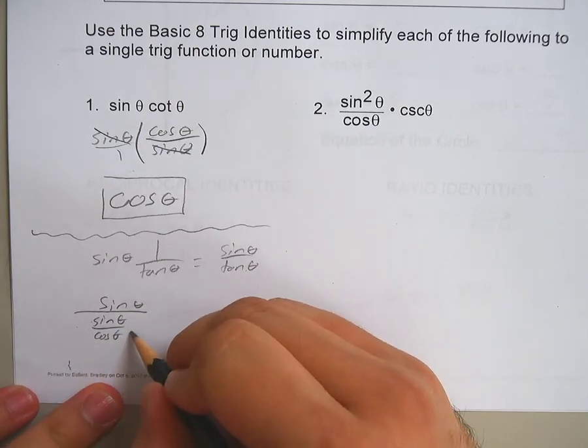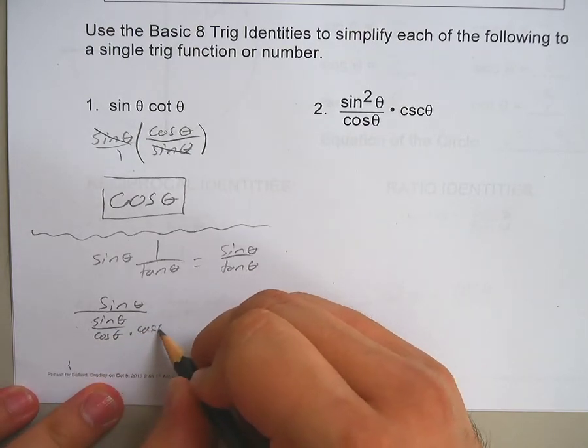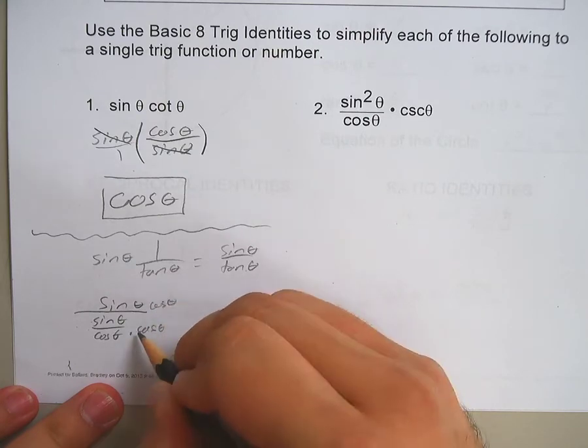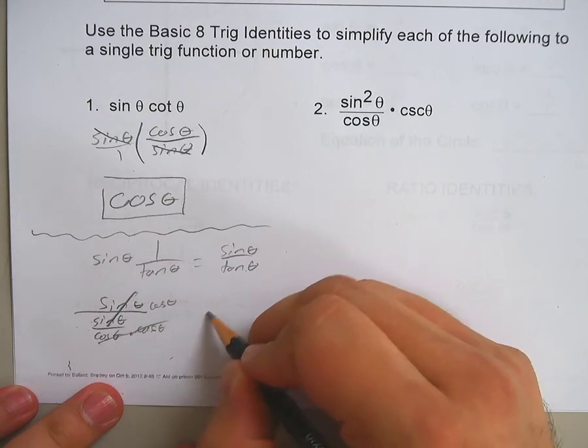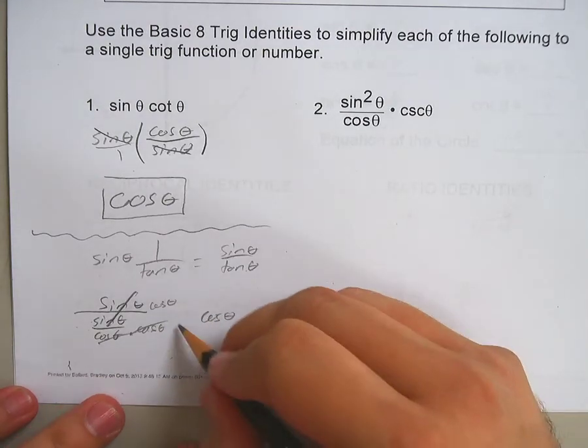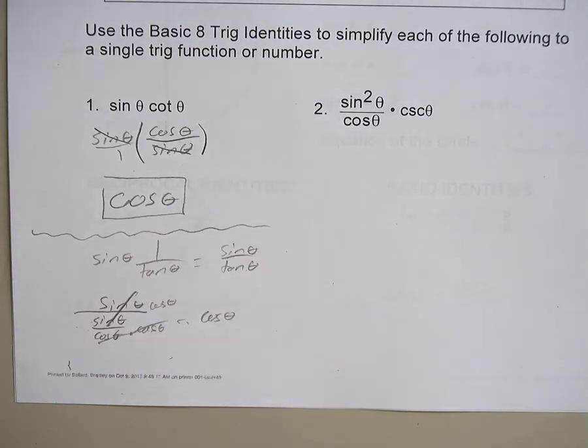Then you'd have to multiply by cosine theta. And your sines would cancel out, leaving you with cosine theta. So sometimes it's just easier to convert everything to sines and cosines. Sometimes it takes a little bit more work.